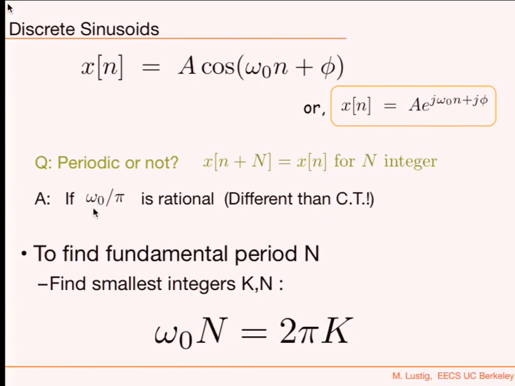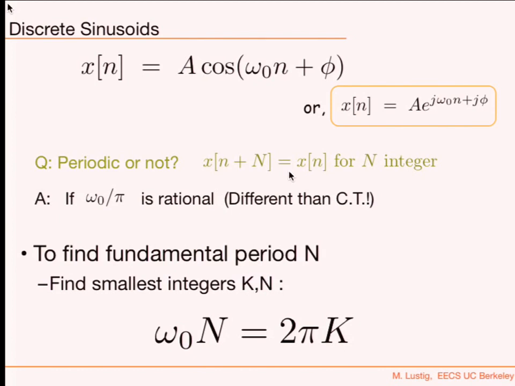Okay? It might be approximately periodic, but it will never be periodic by the definition that x of n plus N is equal to x of n. Okay? There's not going to be a period that you can actually define. Okay? And if you want to find the fundamental period for this case, then you need to find the smallest integers for which omega 0 times N equals 2 pi k.